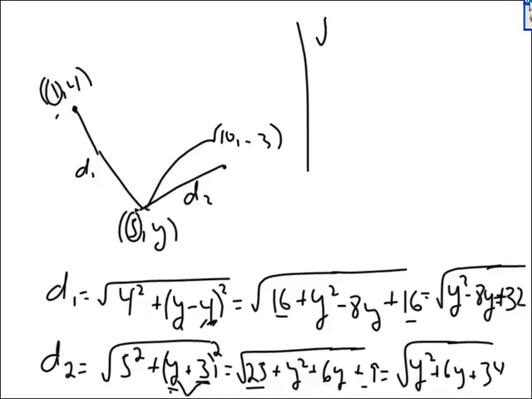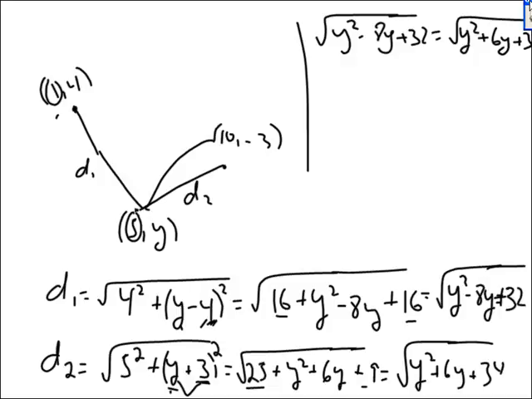So we conclude that the square root of y squared minus 8y plus 32 is equal to the square root of y squared plus 6y plus 34. Well, if the square roots of two things are equal, what's underneath the square root signs must be equal. That is, y squared minus 8y plus 32 is y squared plus 6y plus 34.